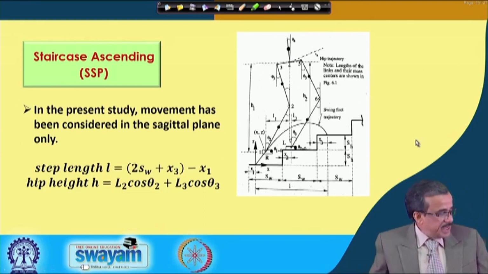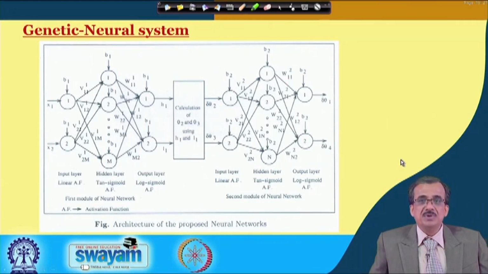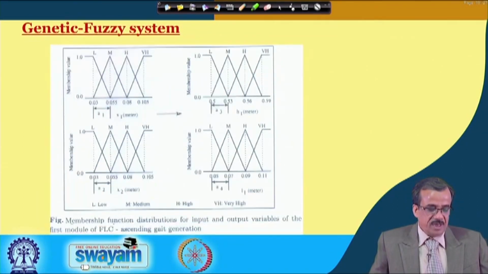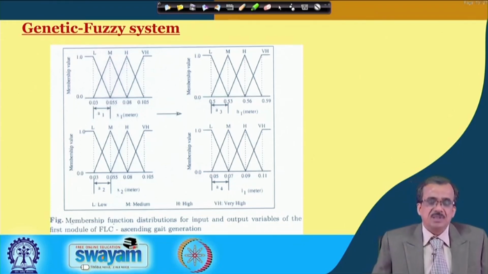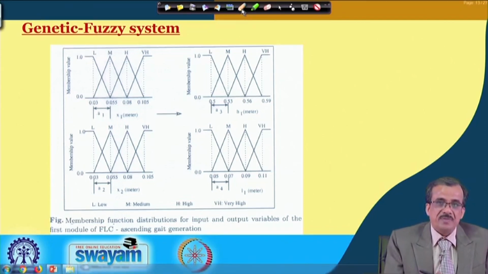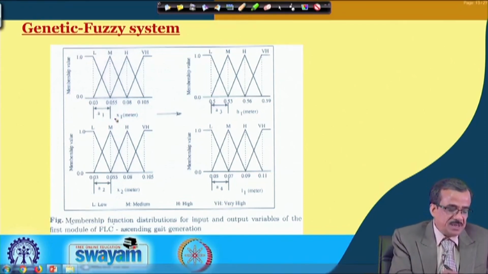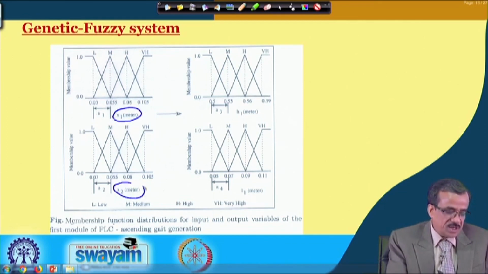So, this is the way we can implement the gait planning using two multi-layered feed forward networks, and the same problem can also be tackled using the fuzzy reasoning tool, and you can see that exactly in the same way we can represent x 1 as the input and x 2 as another input.